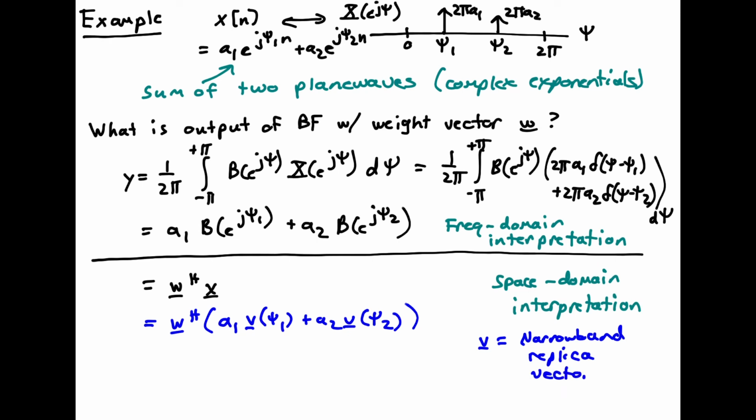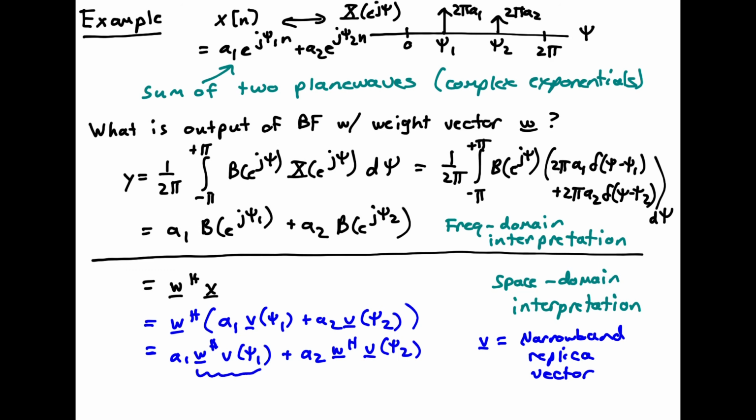It's a complex exponential vector, and it is associated with a particular frequency, in this case psi 1, and in this case psi 2. So the output here is this, and so I'll get a1 W Hermitian v of psi 1 plus a2 W Hermitian v of psi 2.